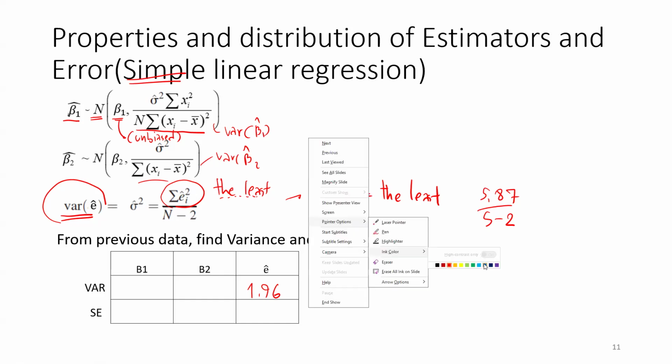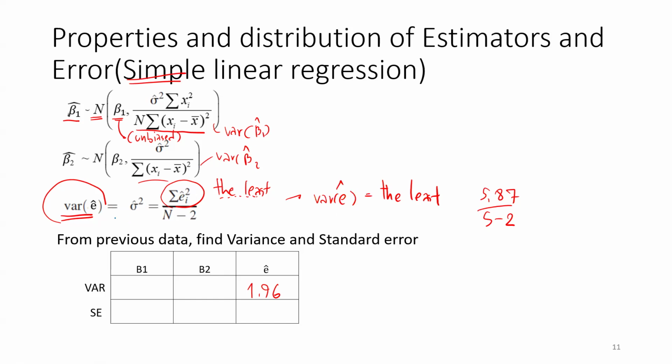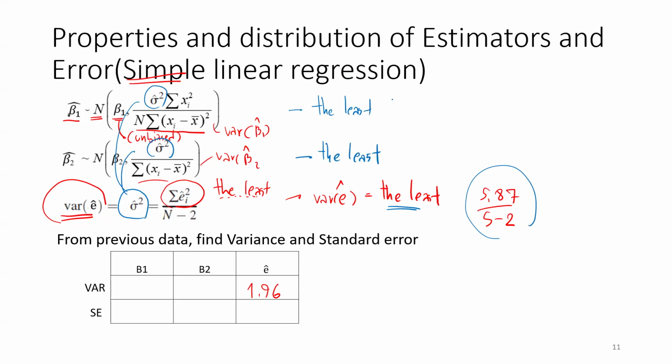You may see that this is the value of error hat. After you calculate this one, you can put it here. And they claim that this one has the least value, the least fluctuation. Then this is also the least variance.